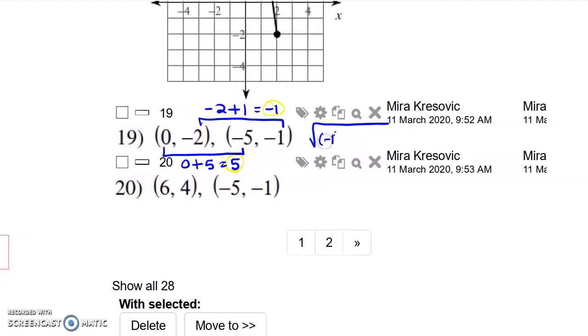So then negative 1 squared plus 5 squared is 1 plus 25, or the square root of 26, which is approximately 5.1. Round up.